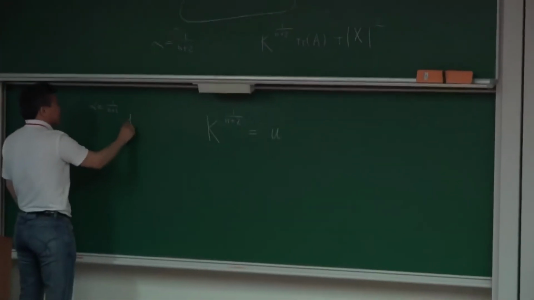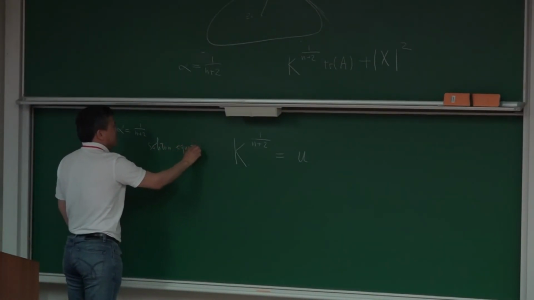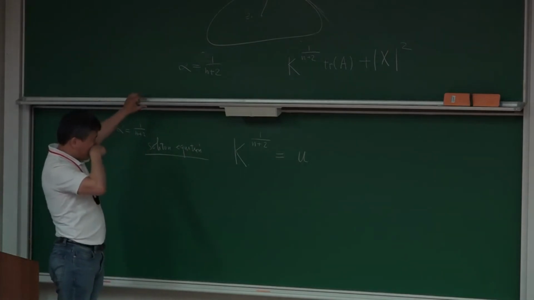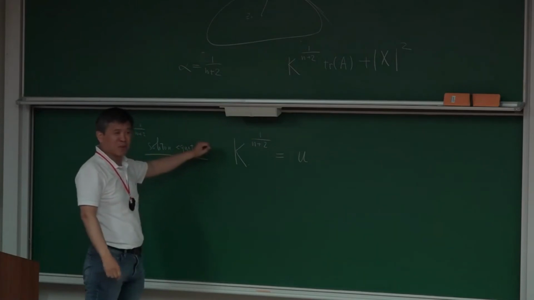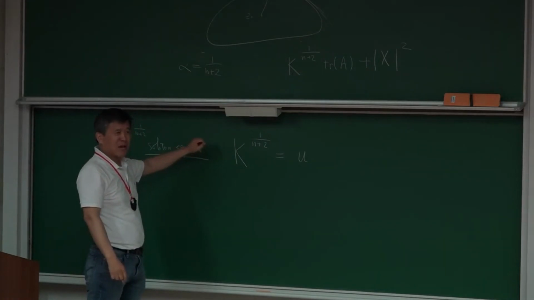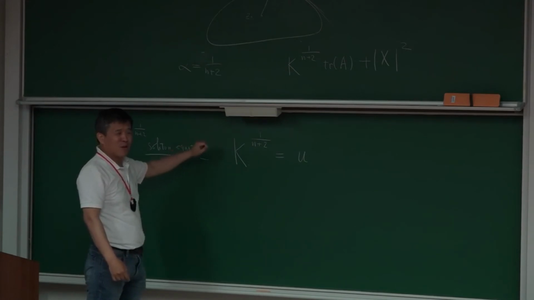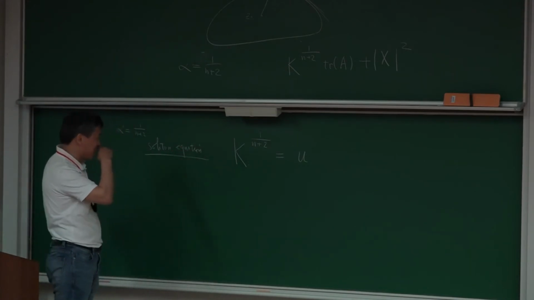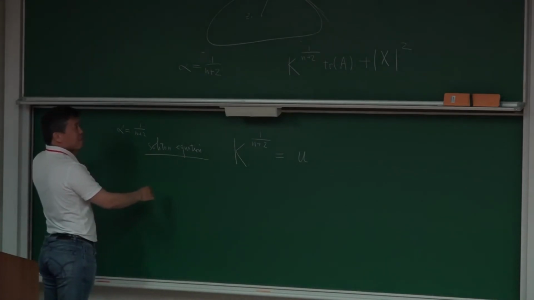Even on an ellipsoid, why this holds is not completely obvious. I mean, if I give you an ellipsoid, you know how to compute its Gauss curvature, but why does it equal u, right?